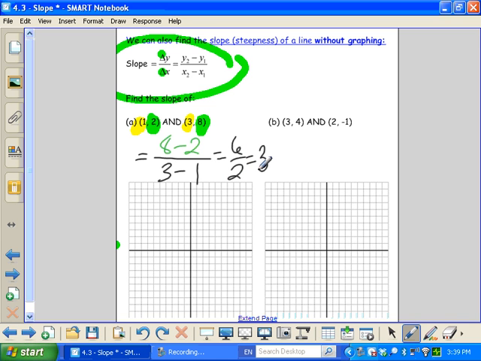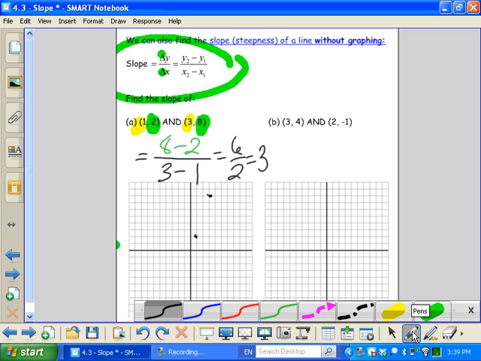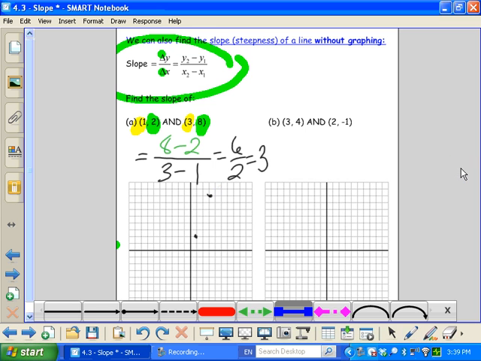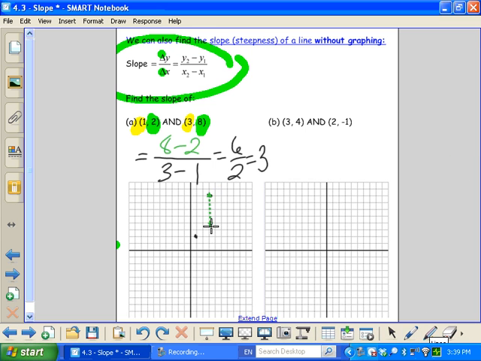Now let's take a look and see if that's true, okay? Let's plot these points. So again, based on what we learned the other day, positive 1, positive 2, that's where the first point is, and 3 and then 8. So positive 3 and positive 8. There it is, right? So check this out. So these are your 2 points here, right? So your rise and your run.